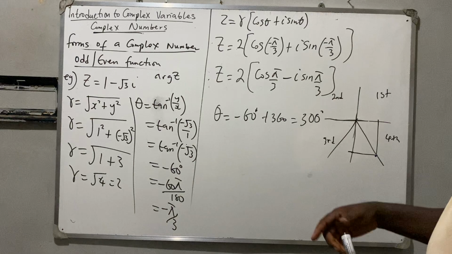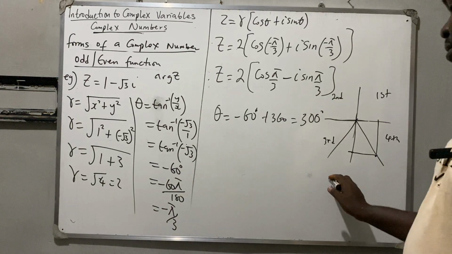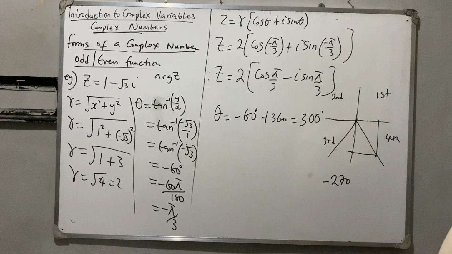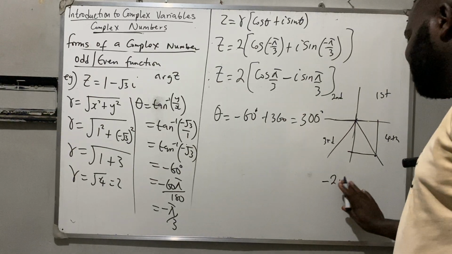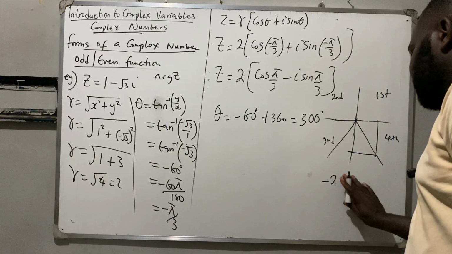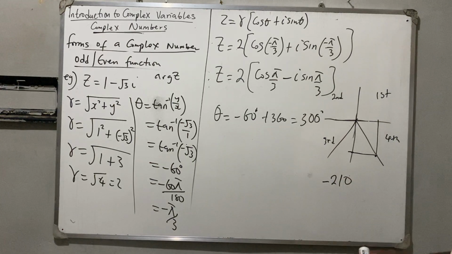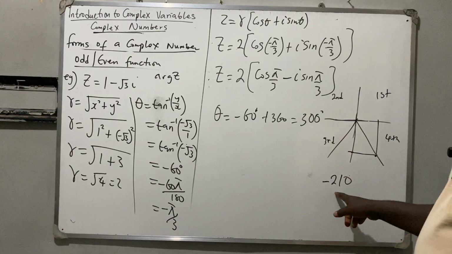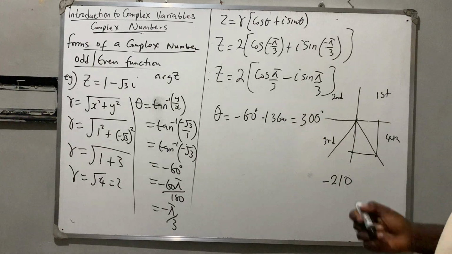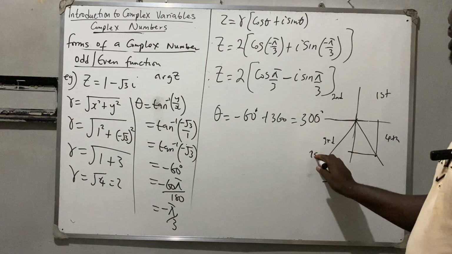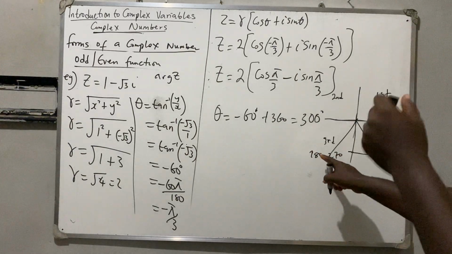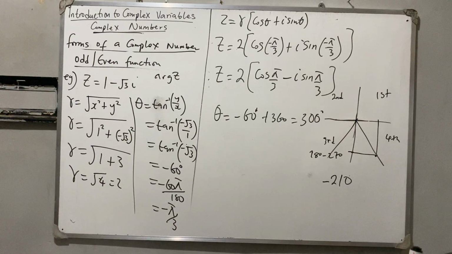If it's in the third quadrant, for example, I have maybe minus 210. Minus 210 is in the third quadrant. We don't use 270 for any reason. I know that you know that the third quadrant is from 180 to 270, but we don't use 270 for any reason.